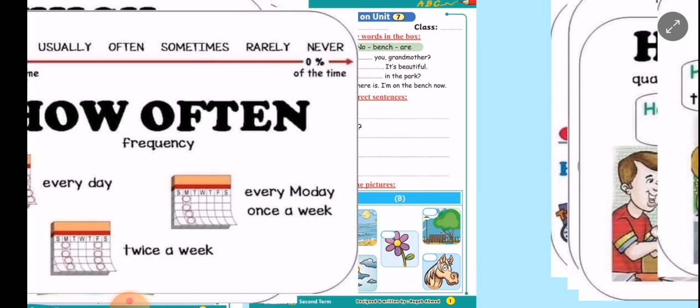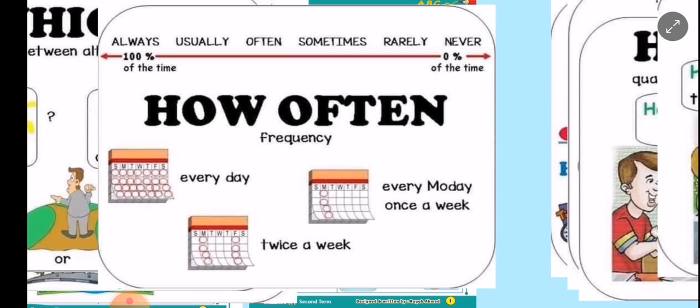Pronounce how. And we also have how often. This means the frequency, meaning how many times you eat. How often do you eat? How often do you study English? How often do you play football?